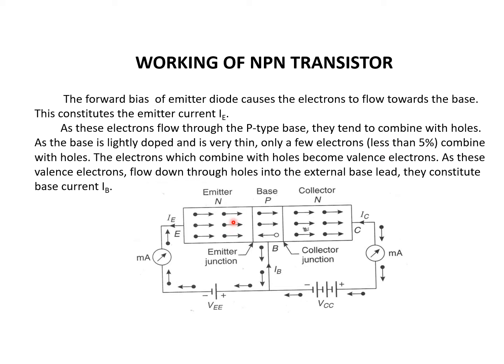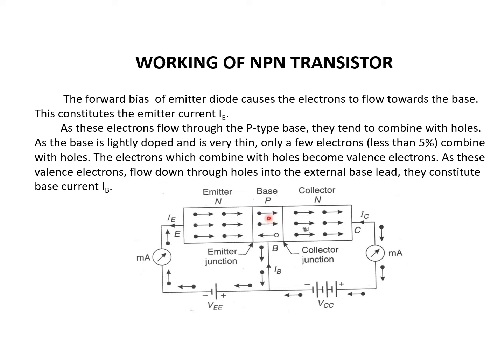Suppose from the emitter region, 100 electrons are traveling towards the base. Of those 100 electrons, less than 5 electrons, that means 3, 4 or 5 electrons, combine with the holes, and the remaining 95 electrons move towards the collector.